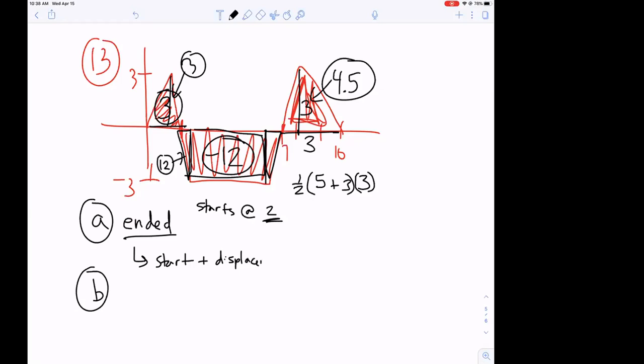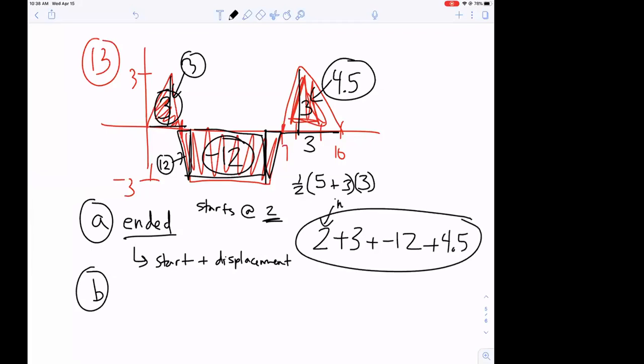That's literally what we did on the last one: we did 2, then added the 3, added the negative 12, because displacement means the negative stays negative, just like the true integral, and then added the 4.5. So the initial plus the displacement gives us 9.5. Did you guys get negative 2.5? Yeah. Sweet.